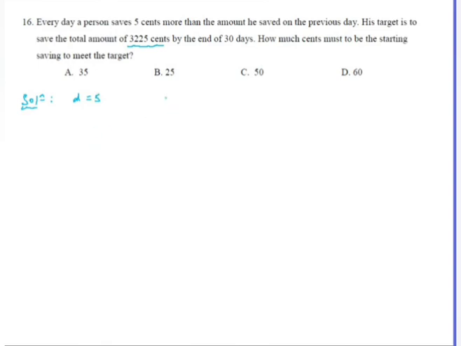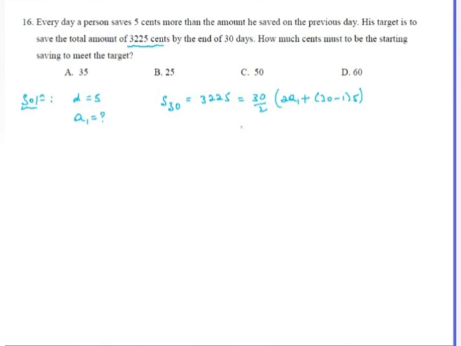The total amount of money that he saved in these 30 days is 3,225. So we use this formula to calculate the starting amount. On the first day, what is the amount he had? So we use this formula: 30/2 × (2 × A1 + (30 − 1) × the common difference).